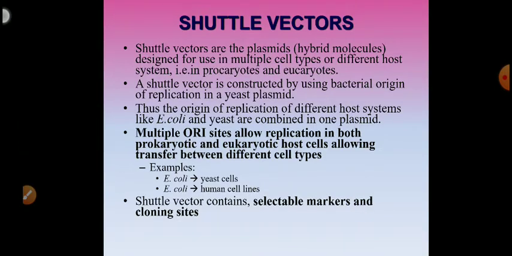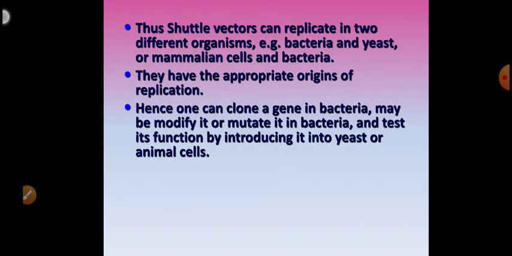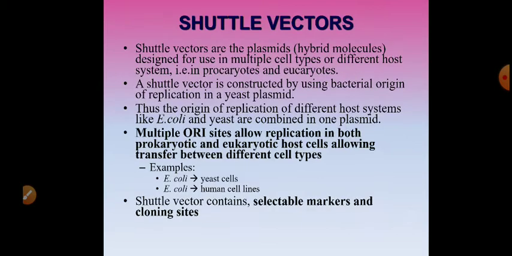The next and important type of vectors are shuttle vectors. Now shuttle vectors, as the name suggests, are designed in such a way that they can shuttle between two different host systems. That means, say for example, if a shuttle vector is constructed by using E. coli and yeast cells, then the vector can be propagated in E. coli as well as in yeast.